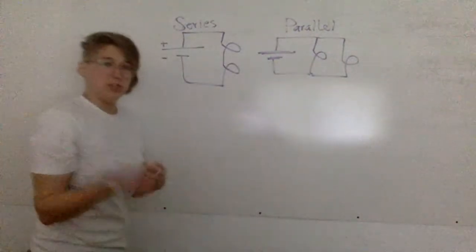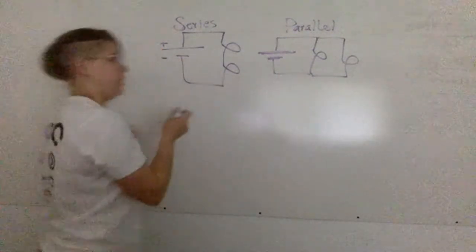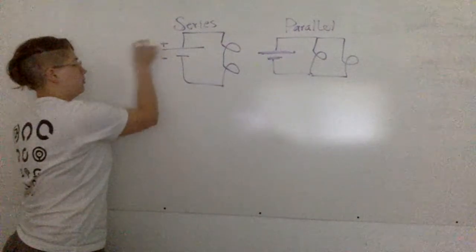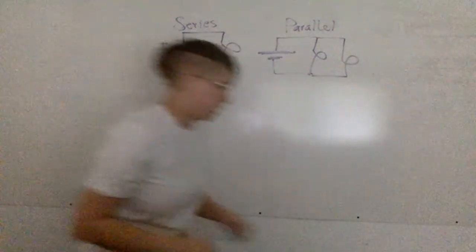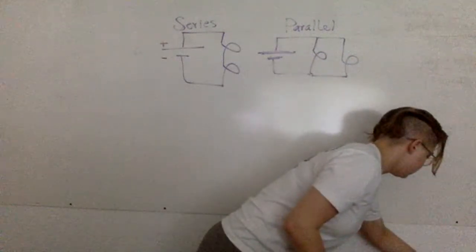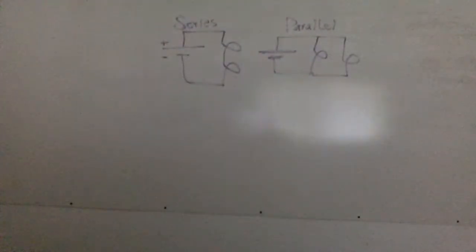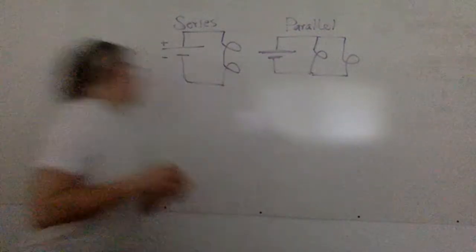When we're doing these, I was using a 9-volt battery, so I'm going to make this a 9-volt battery by using the power of imagination and writing 9 volts right here. My pens have all decided to hate me.